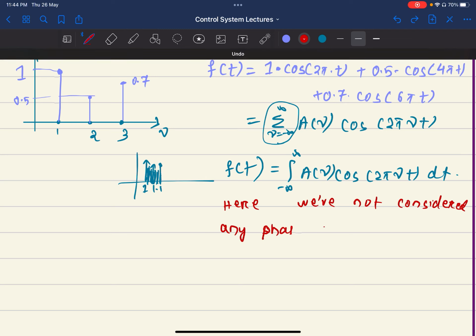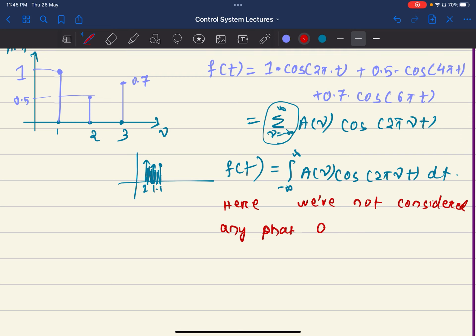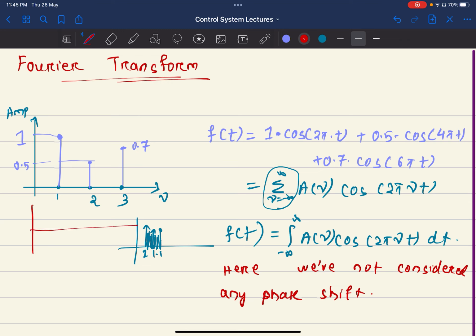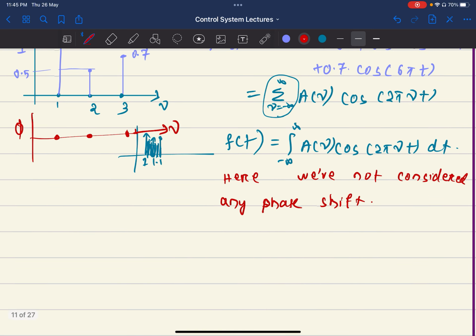We assume all the signals have zero phase shift. Here we haven't assumed the second plot, which is the phase plot. We assumed it has to be 0, 0, and 0 with respect to nu. But in general, whenever we are analyzing some signals, they will have some phase shifts.